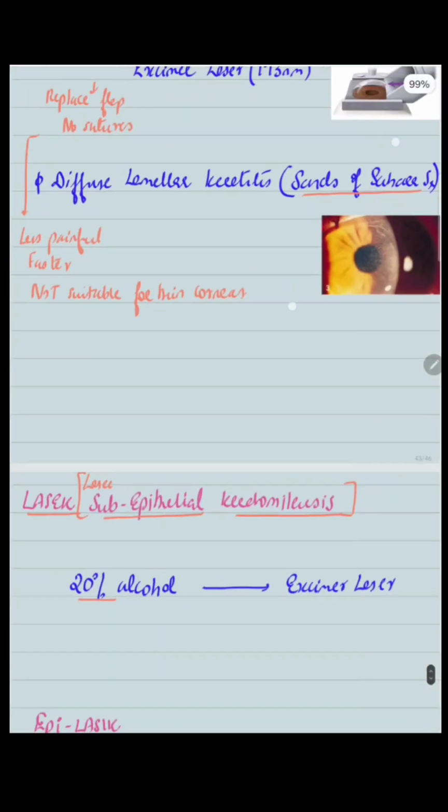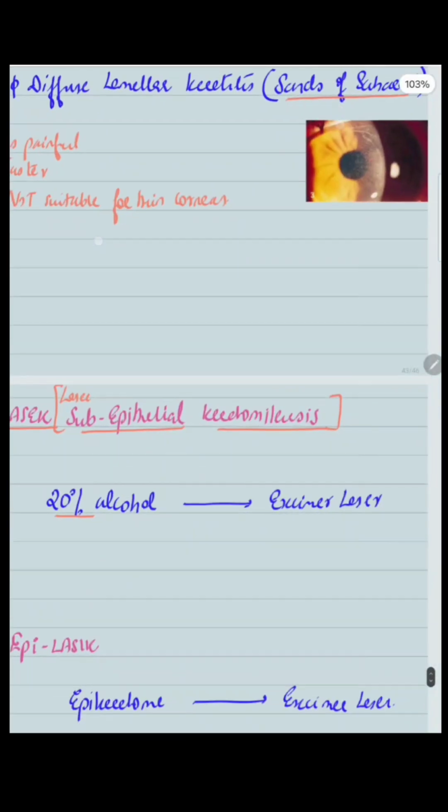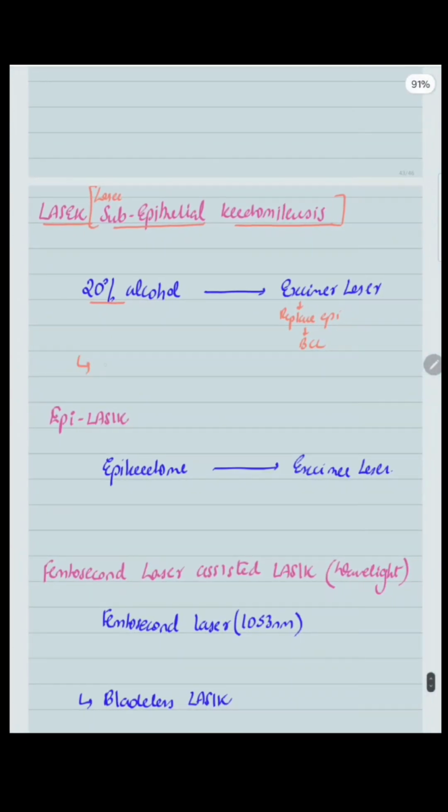Here microkeratome is not used. Then we ablate the stroma with excimer laser, same, and replace the epithelium and insert a bandage contact lens. It is useful in thin corneas.